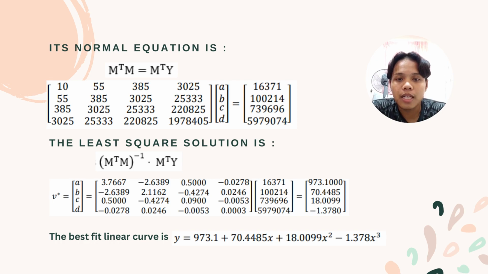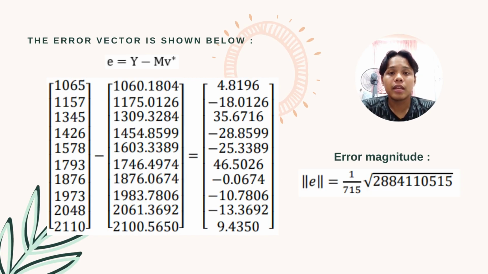And the curve is y equals 973 plus 70.4485x plus 18.0099x squared minus 1.378x cubed. To find the error vector, we must subtract M v from y, so the equation is shown below.